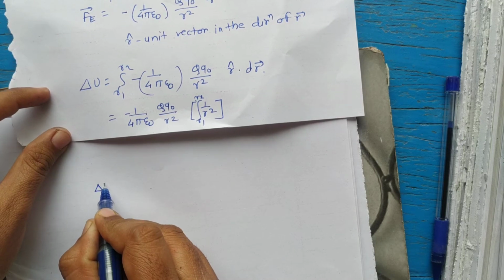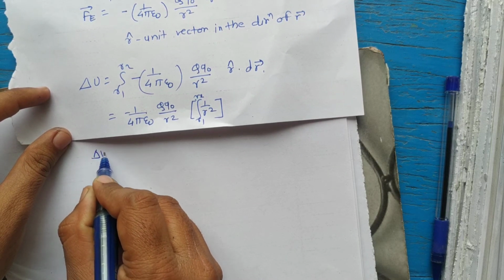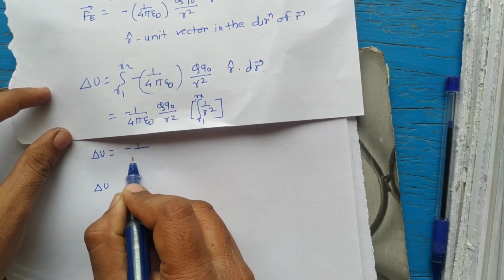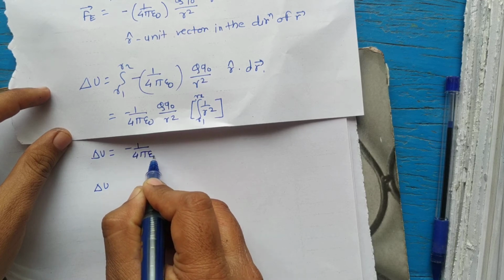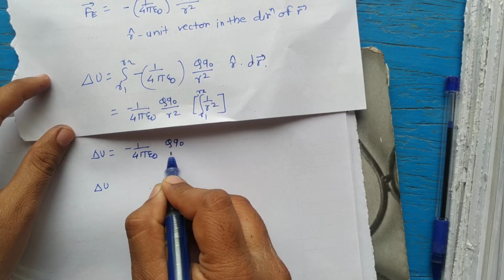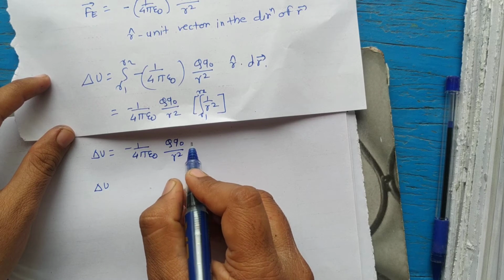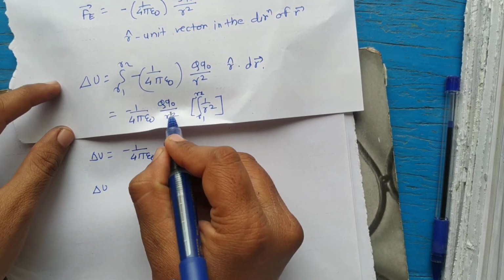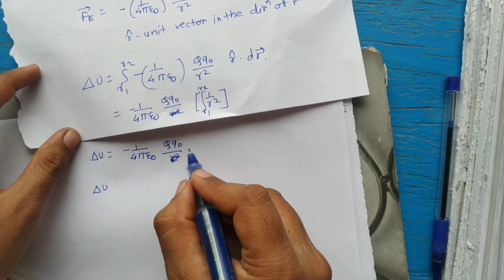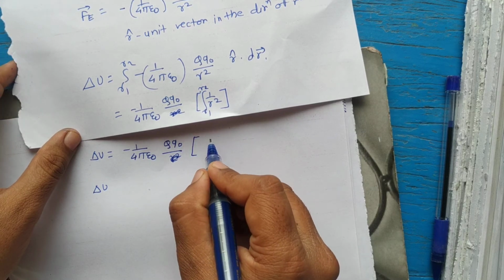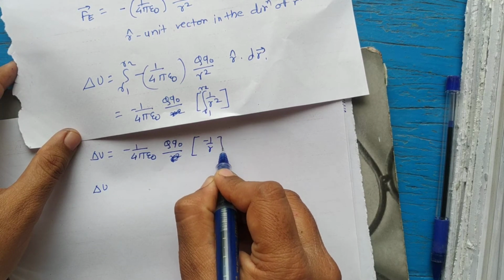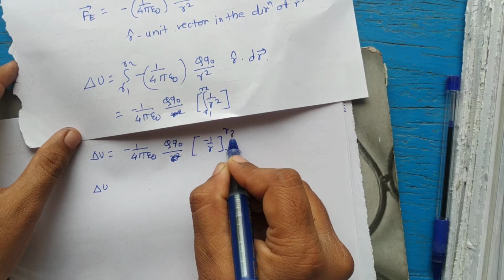So, dU is equal to minus 1 upon 4 pi epsilon naught Q Q naught, and r square is kept inside the integration. Integration of 1 upon r square is minus 1 upon r, limit from r1 to r2.